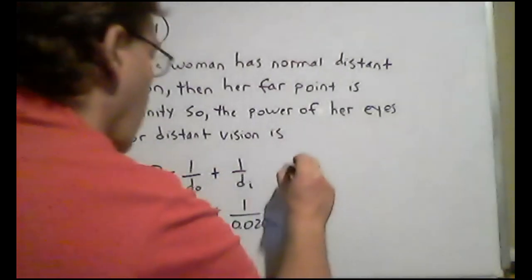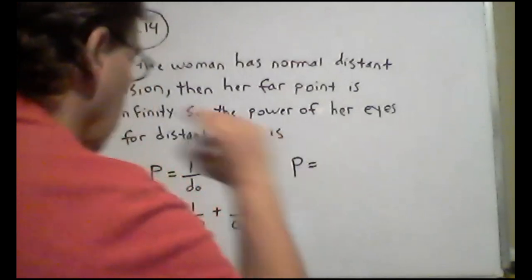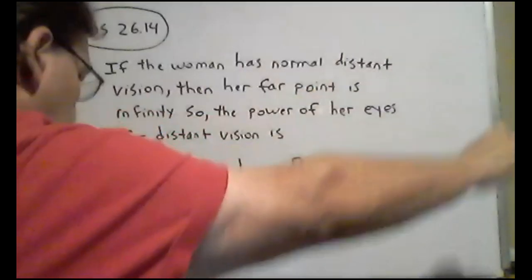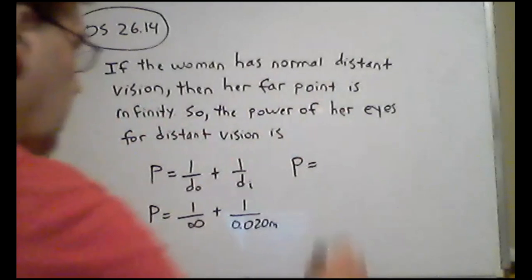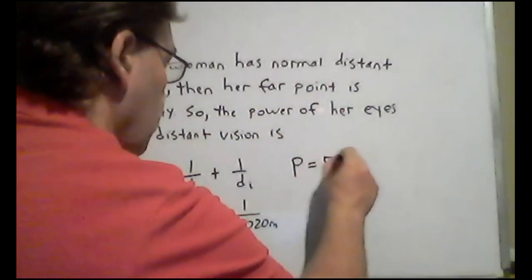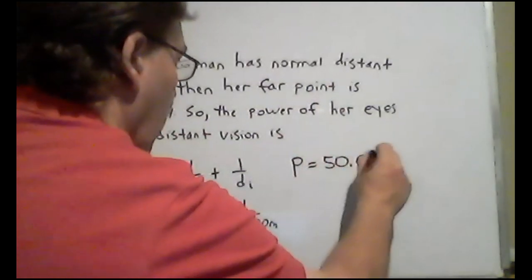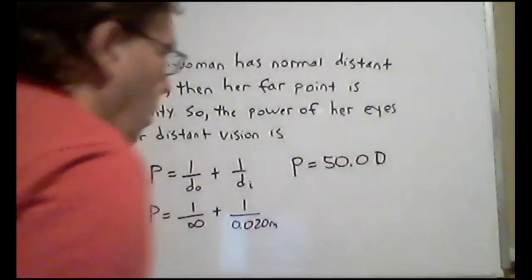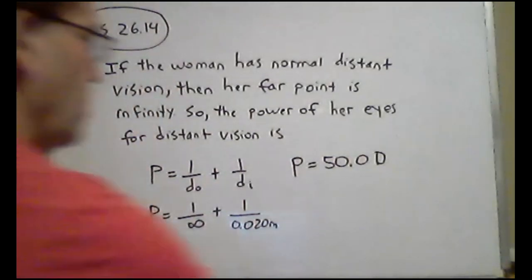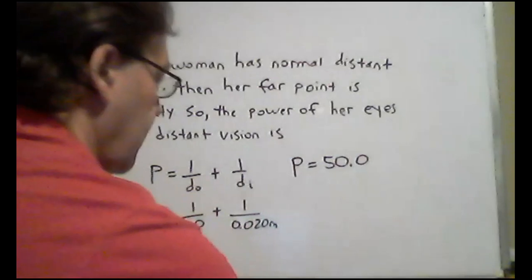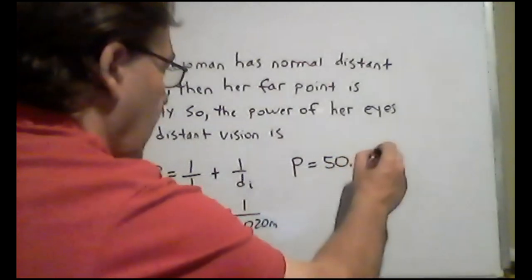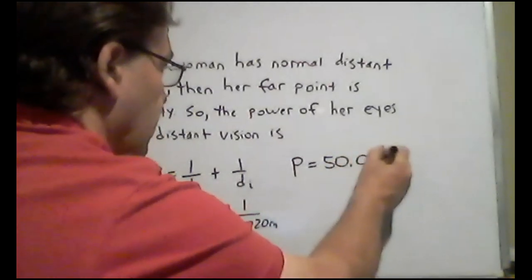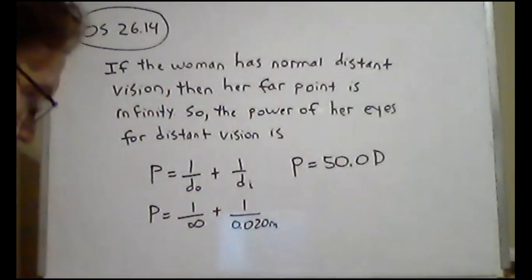So for distant vision, she should have perfect eyes, and she should have a totally relaxed power of 50.0 diopters. Now, that should be her power with her eyes totally relaxed, looking at her far point, basically infinity.